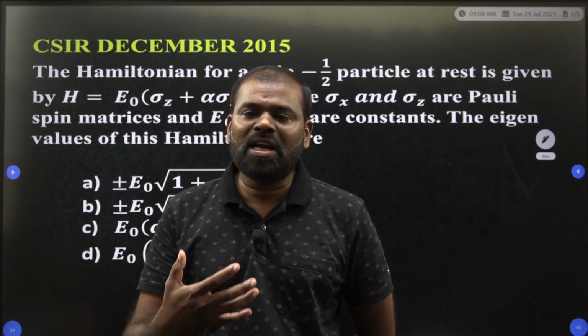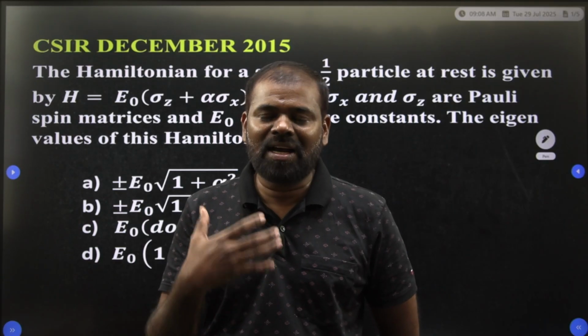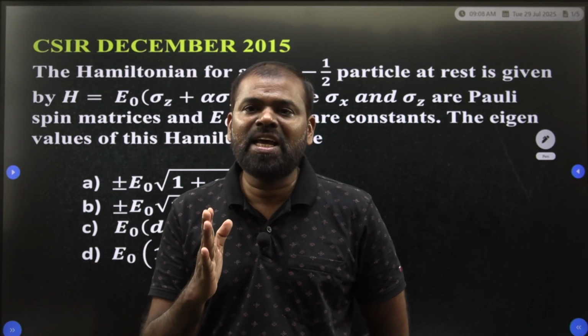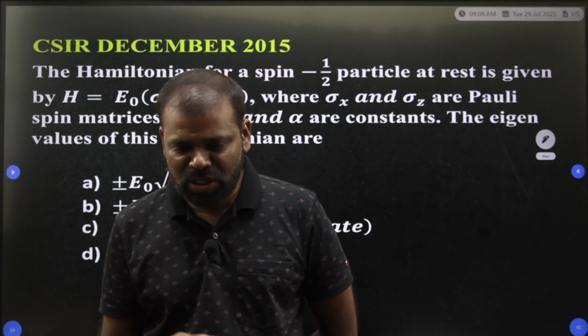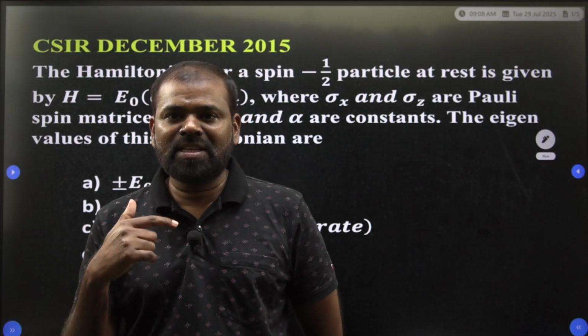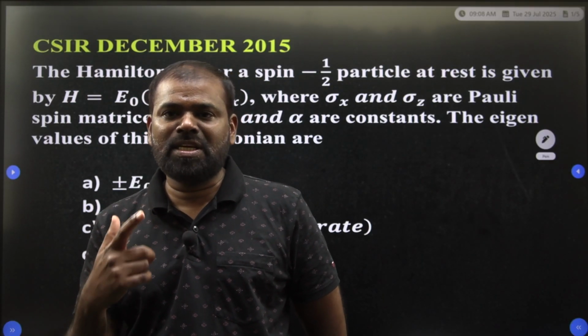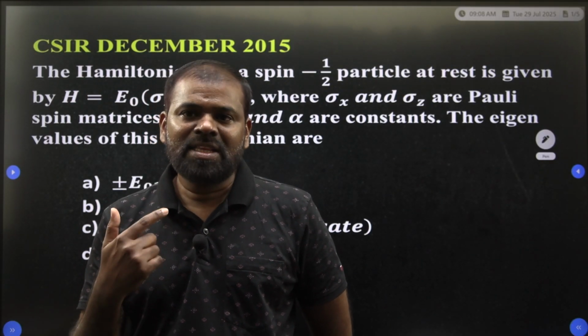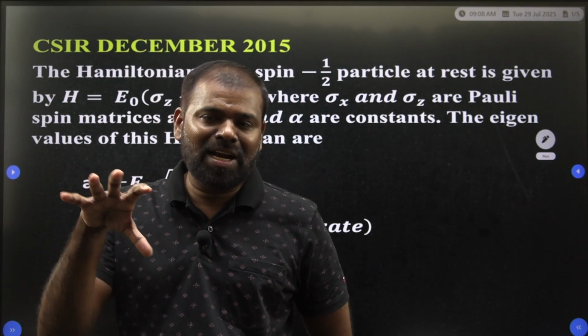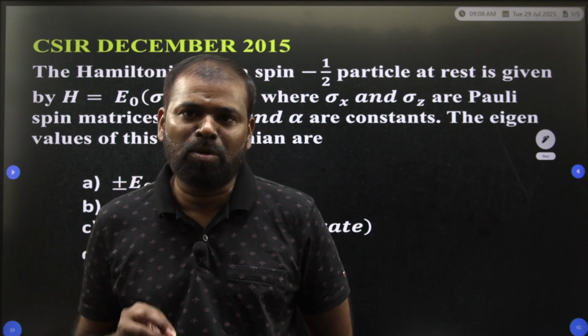Experimentally, Stern and Gerlach in 1922 confirmed the quantization of the atoms. Based on that, Uhlenbeck and Goudsmit in 1925 introduced the spin angular momentum. So this is the general introduction to spin angular momentum.